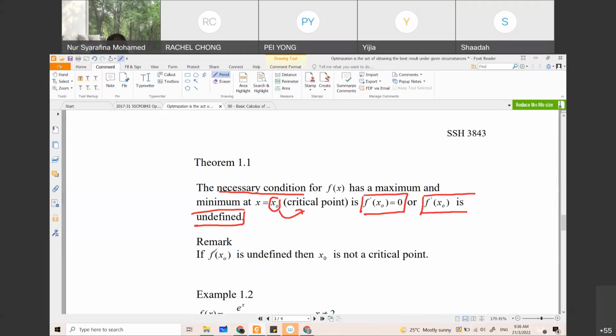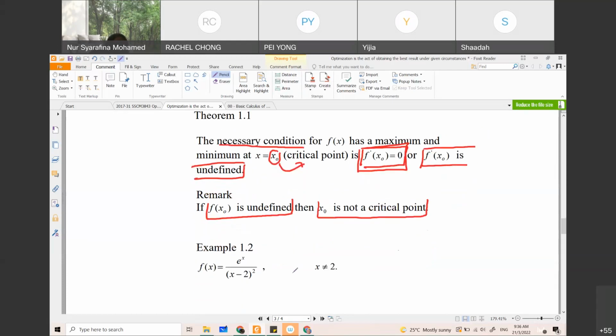If f'(x0) is undefined, then x0 is not a critical point. So simply, the necessary condition is that f(x) has a maximum or minimum at a critical point when f'(x0) equals 0. So the critical point is obtained when f'(x0) equals 0.